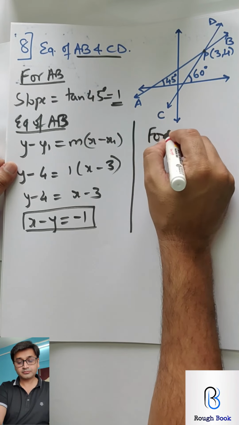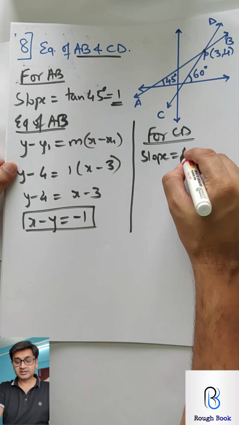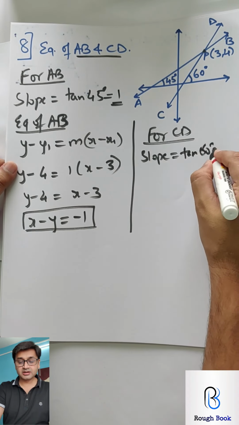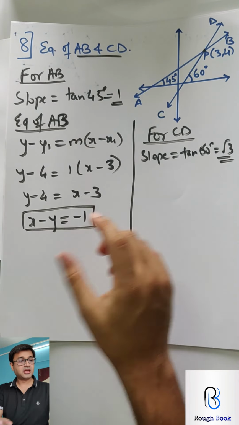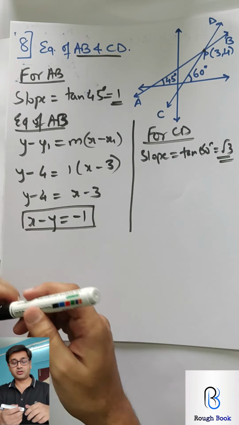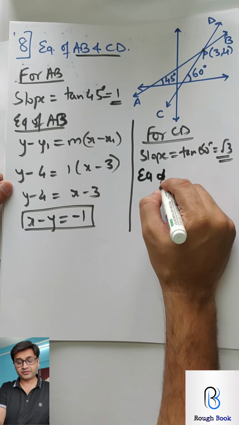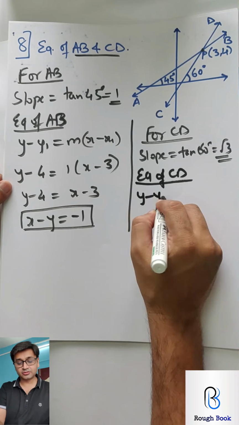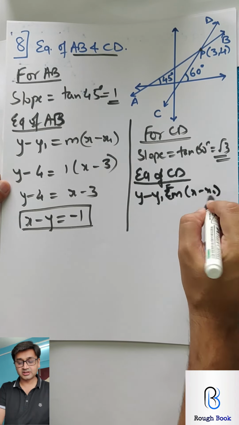Likewise, let's work out CD. First, get the slope. The slope for CD is tan 60. Tan 60 is root 3. So we managed to get the slope for CD. Now once you got the slope, let's work out the equation. The equation of CD: y minus y1 equals m times (x minus x1).